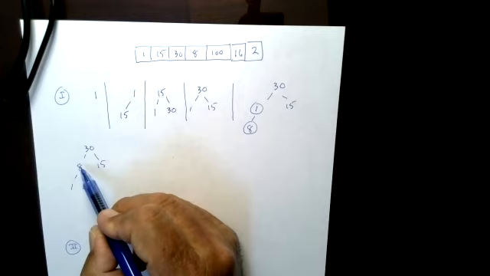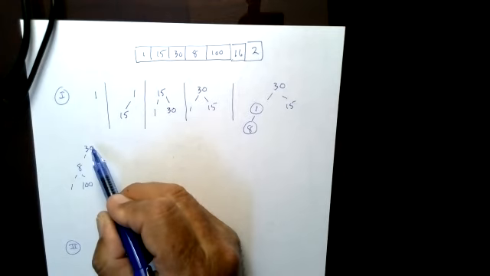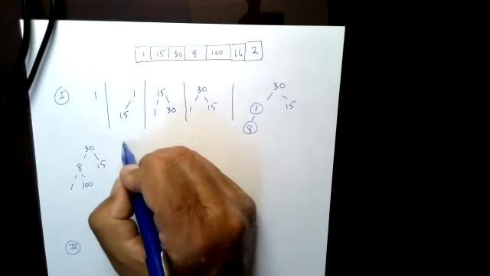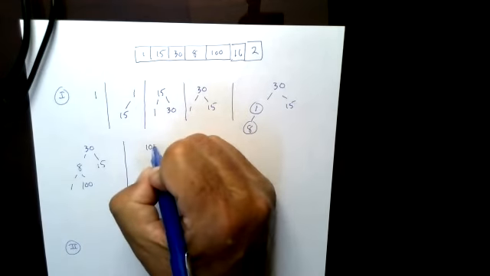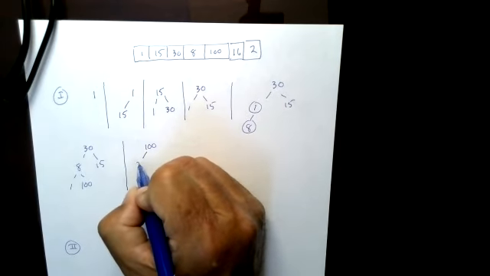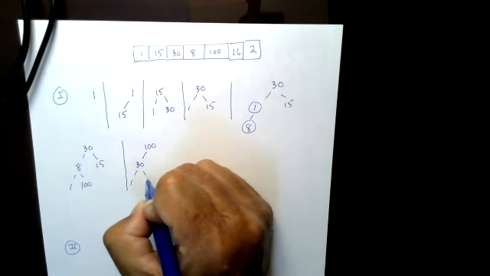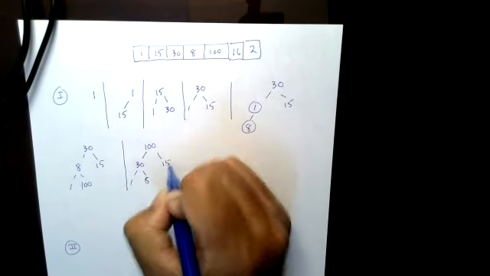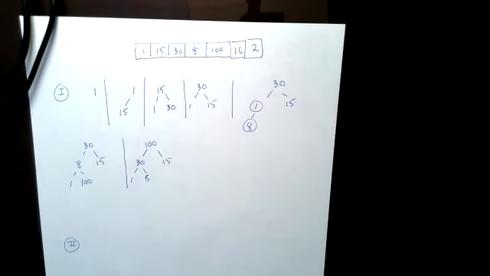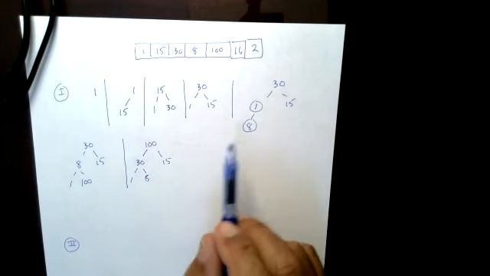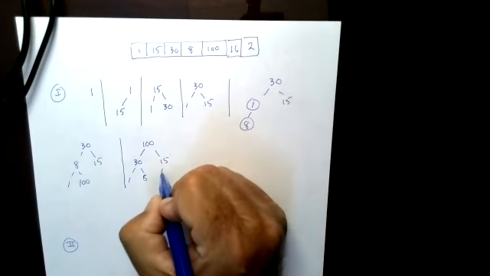It percolates up and it percolates up again. So when I percolate up, the 100 is now going to go here. The 30 is going to go there. The 8 is going to go down there. Next number is 16.